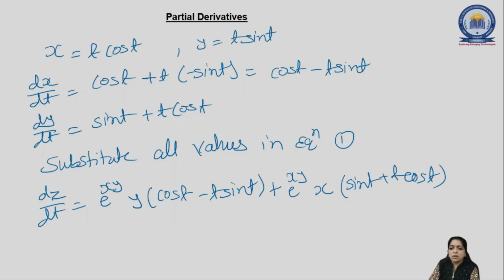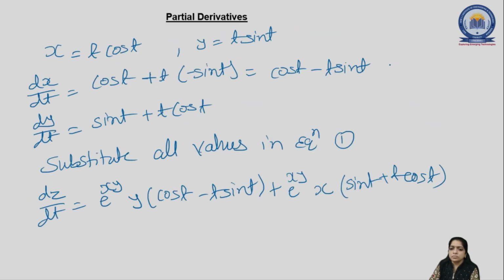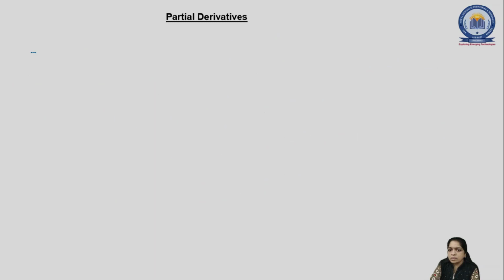Okay, now I want to find the value of dz by dt at the point t equal to pi by 2, right?